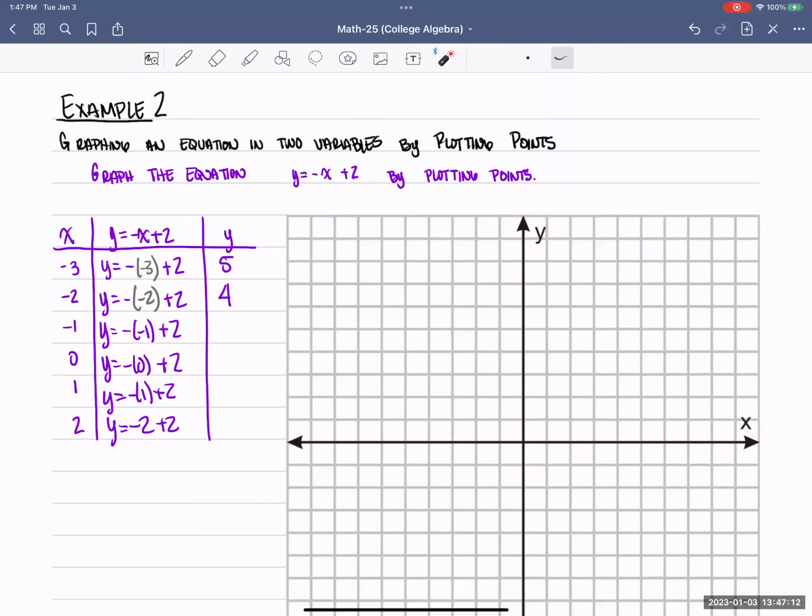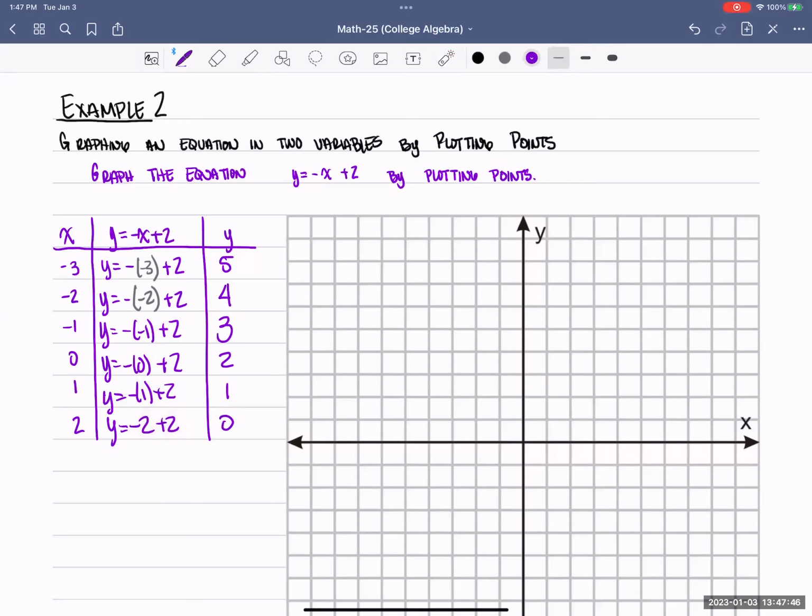Here we have negative times negative, that's going to be a +1, plus 2, that gives us 3. -1 times 0 is still going to be 0, so 0 plus 2 is 2. Negative times 1 is going to be -1, so that's -1 plus 2, that gives us 1. And lastly, -2 plus 2 gives us 0.